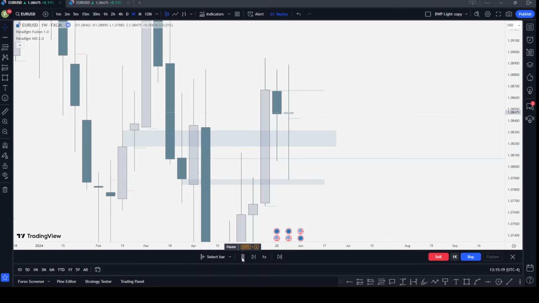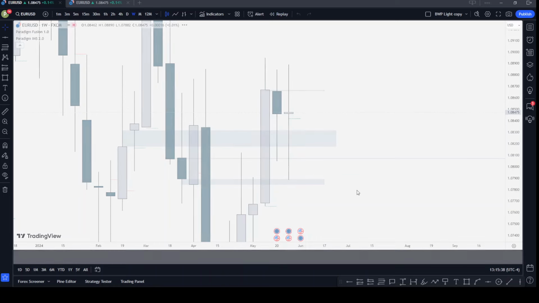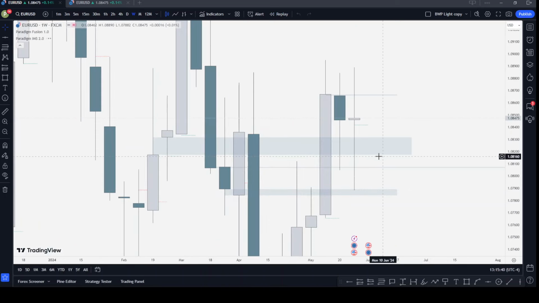Is that all? Where is the next week? Oh, I think this should be the last candle. Is it? Today's what? Oh yeah, this is the last weekly candle. Okay, so I can just simply close this since that is the last one.